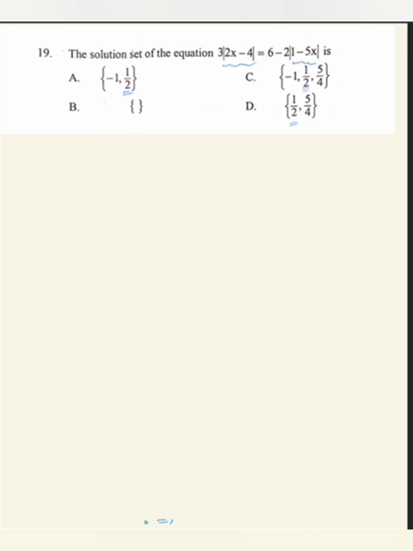Okay, so take 1 over 2 and substitute in the equation. Fail ካደረገ immediately መልሳችንን እናውቃለን.